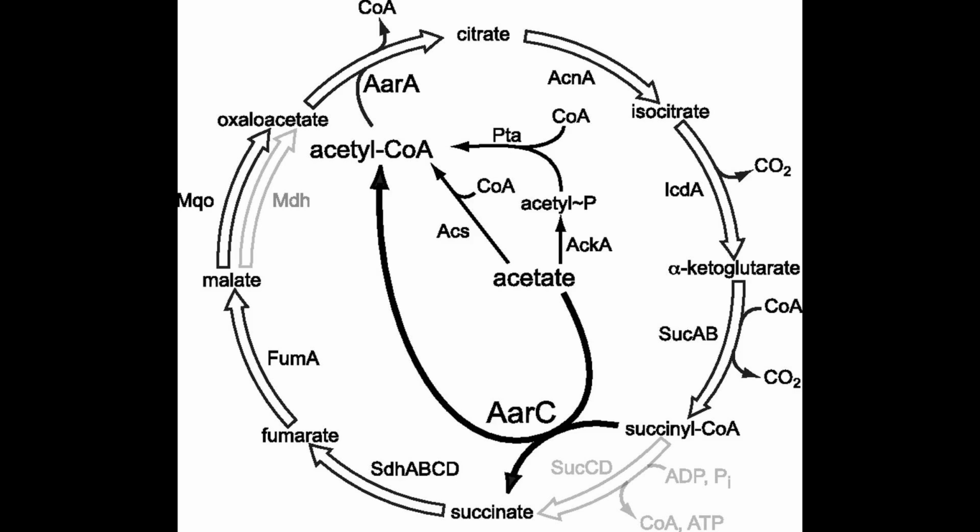The majority of the carbon atoms in the porphyrins come from the citric acid cycle intermediate, succinyl-CoA. These molecules are an important component of the hemoproteins, such as hemoglobin, myoglobin and various cytochromes. During gluconeogenesis, mitochondrial oxaloacetate is reduced to malate, which is then transported out of the mitochondrion to be oxidized back to oxaloacetate in the cytosol.